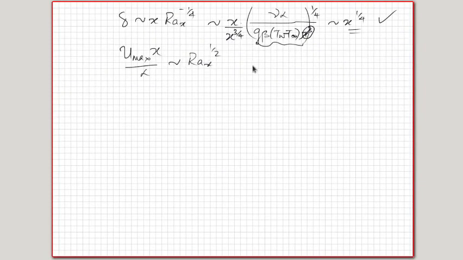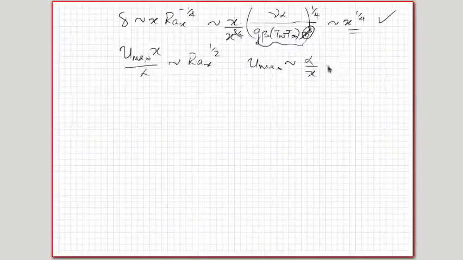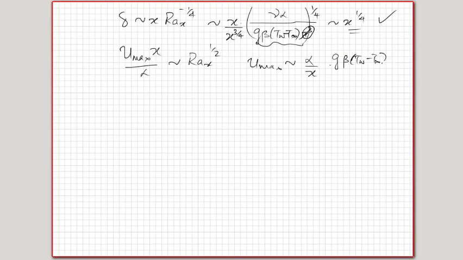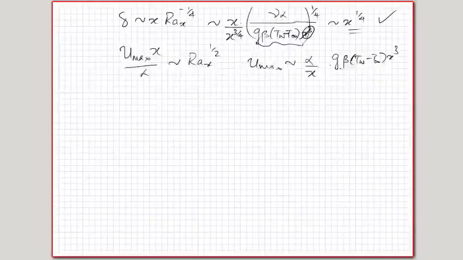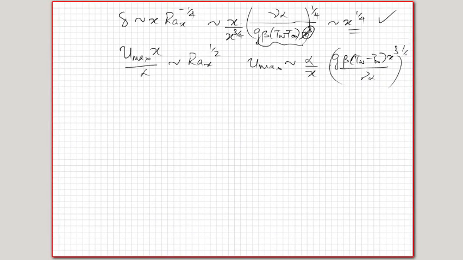Okay, so if I bring it to the other side, it will become u max is of the order of alpha by x times g beta into t1 minus t infinity into x cube divided by nu alpha whole to the power of half. So the others are constant here.